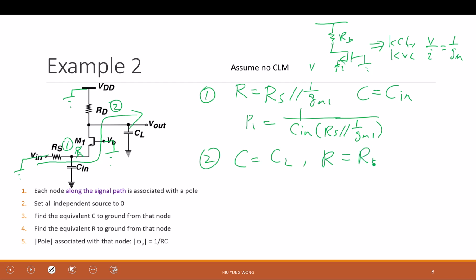He said RD parallel with something. Probably you're saying looking down, right? But looking down, what is the impedance now? Very good. One says infinite because there's no CLM. We're looking into the drain this time, not the source. Again, looking at the transistor from both directions, they're different in small signal because it's an active element.